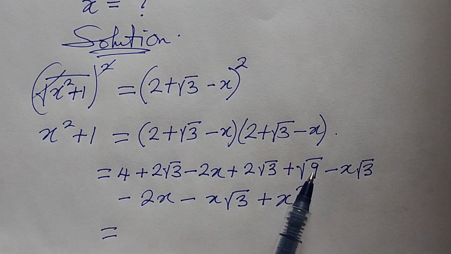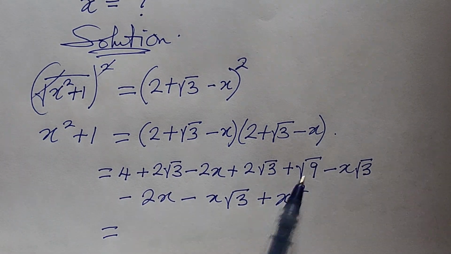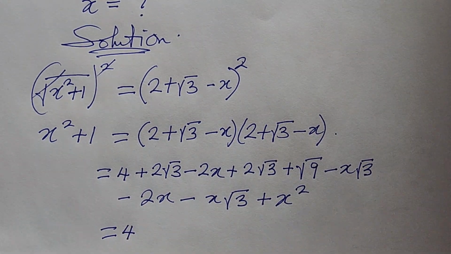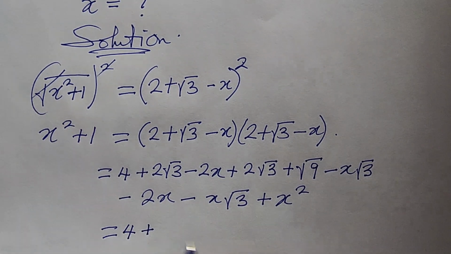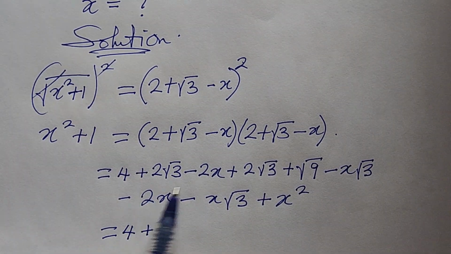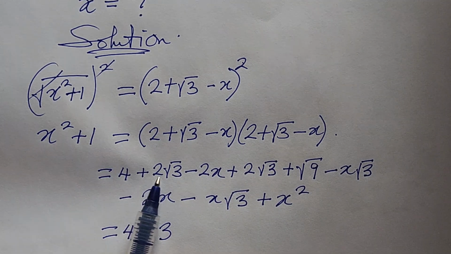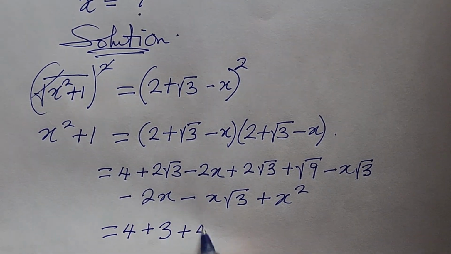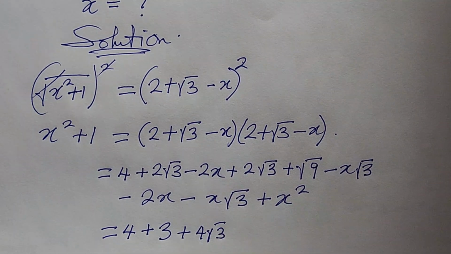So here we have, this is going to give us 3, right? So let's add some simple terms together. Here we're going to have 4, then plus 3. Then let's see terms we can add together. We have 2 root 3 plus 2 root 3 will give us plus 4 root 3.